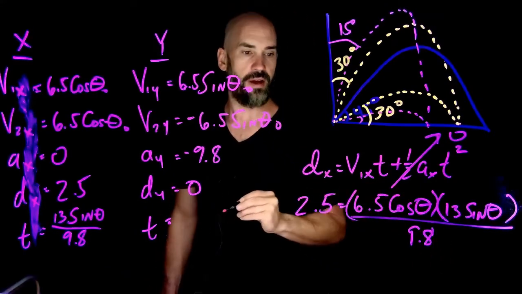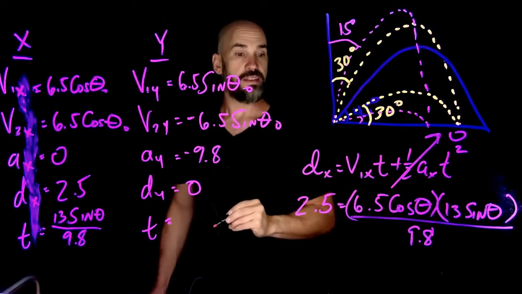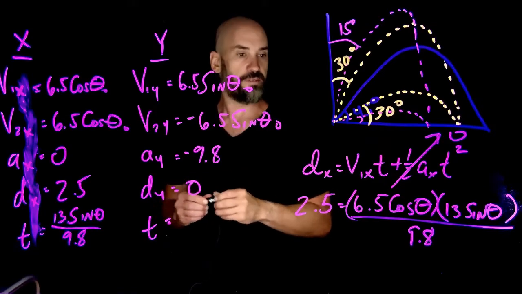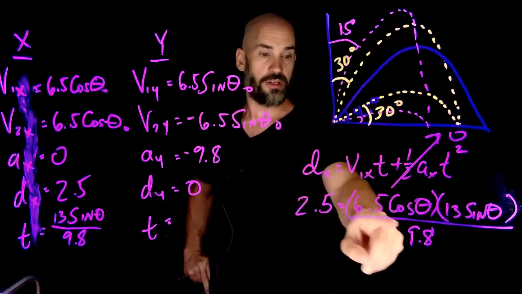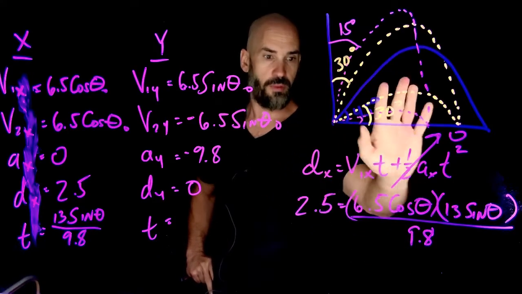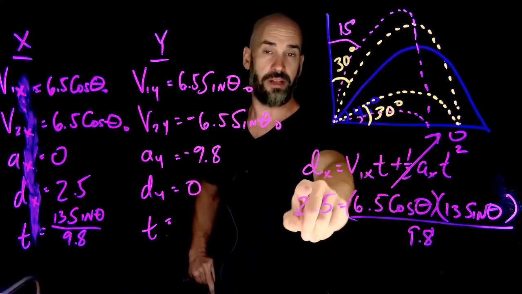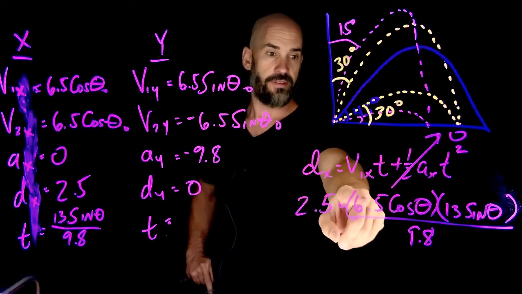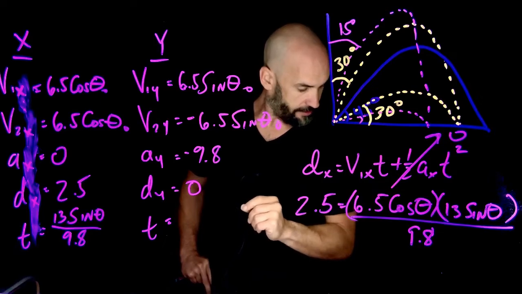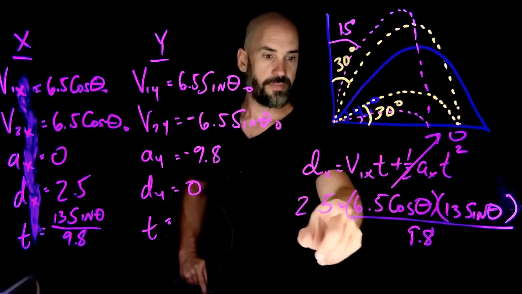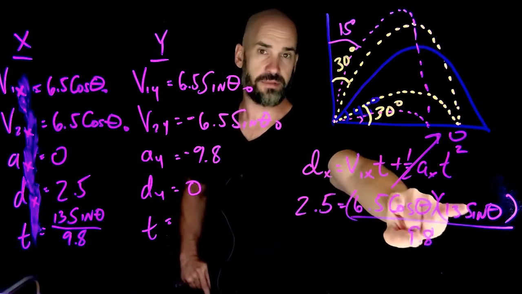Now, this is a little different than what you're used to. There's a couple things you can do here. First, and what I recommend the most, is multiplying both sides by 9.8, dividing by 6.5, dividing by 13, right? And you end up getting a cosine theta times a sine theta.